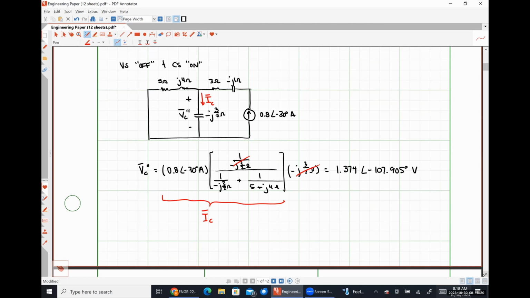By the way, it will be to your benefit to learn how to store stuff in your calculator. It'll make all of this way, way easier because of the amount of bookkeeping that's going on. So as Christina suggested, VC is simply the result of VC prime plus VC double prime, which for me is just X plus Y.